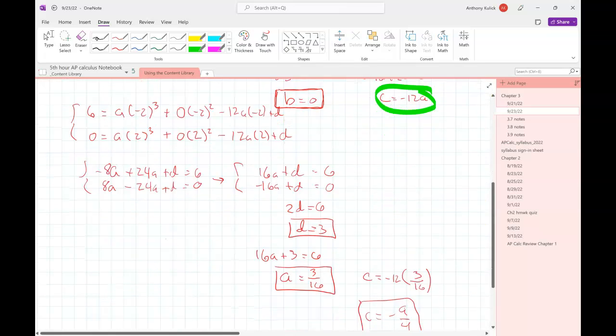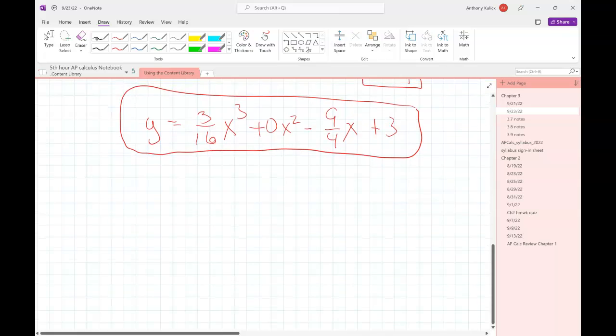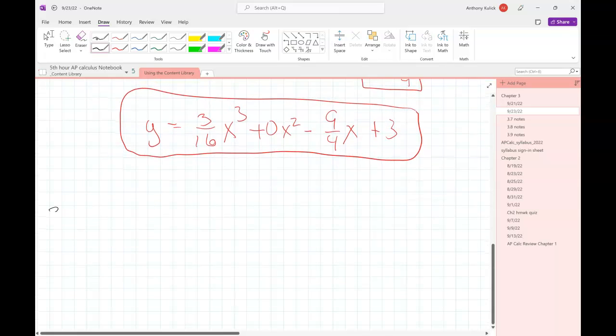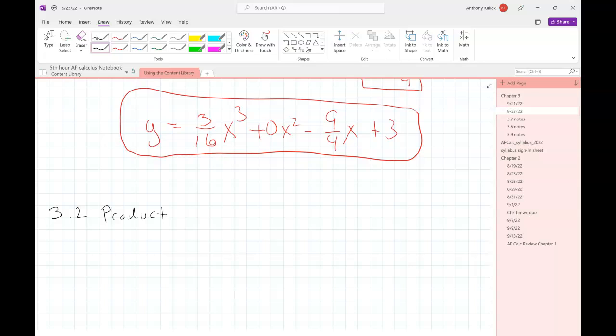Okay. All right. So today, we're going to talk about the product and quotient rules. So we'll start with the product.